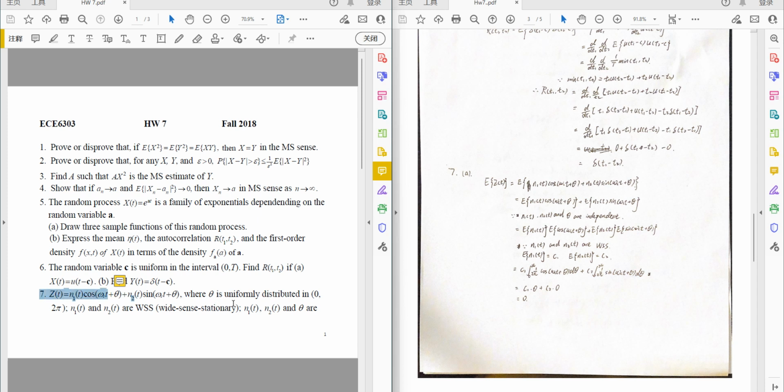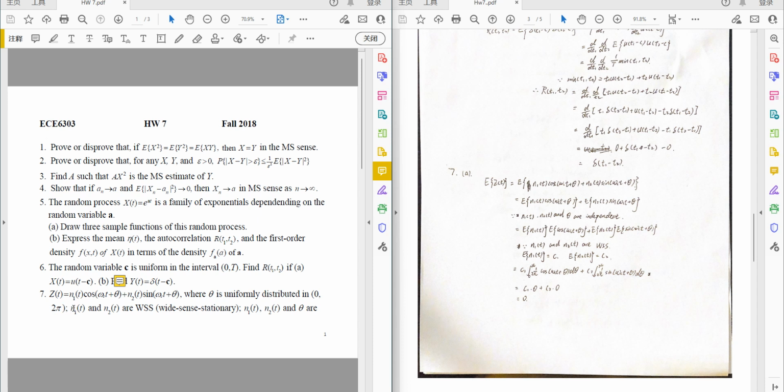Now, let's look at this question 7. Firstly, we are given that Z(t) is equal to N1(t) cosine(wt plus theta) plus N2(t) sine(wt plus theta), where theta is uniformly distributed in 0 to 2 pi.